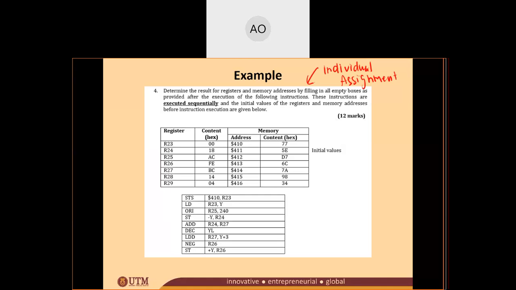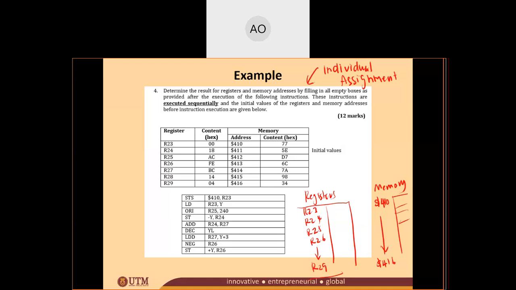So your table should have the registers R23, R24, R25, R26 until R29, and then you need to fill in the values, as well as your memory. This is your memory table, starting from 410 until 416. And then give the value for each of the memory as well as your registers.